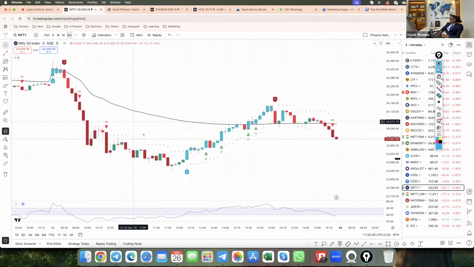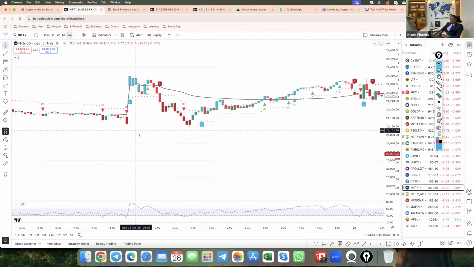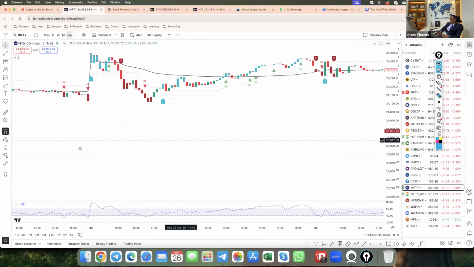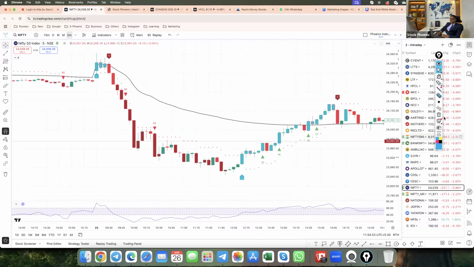Most of the time the candle will be traveling close to the black line. But whenever the market has a deep selling or a deep buying, that time it would be quite far.